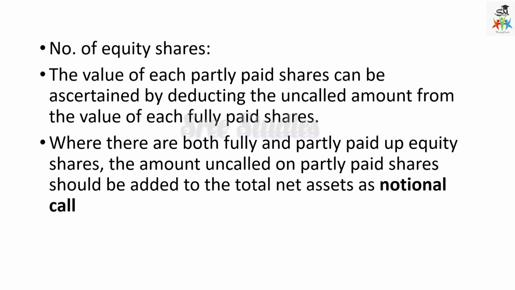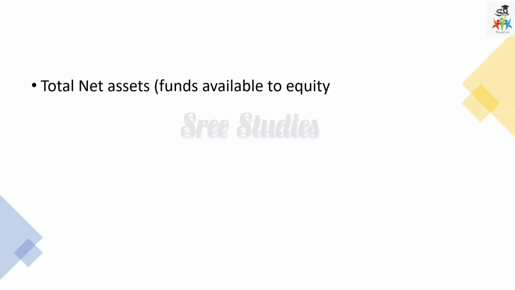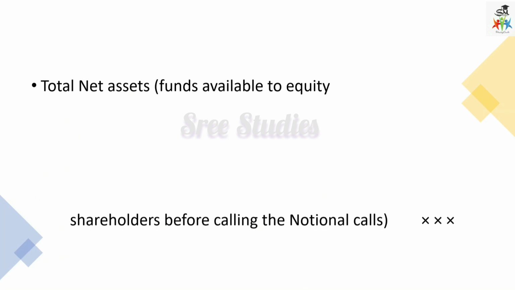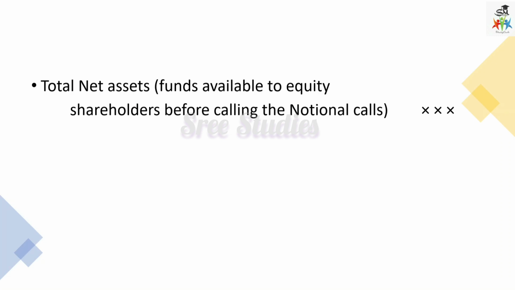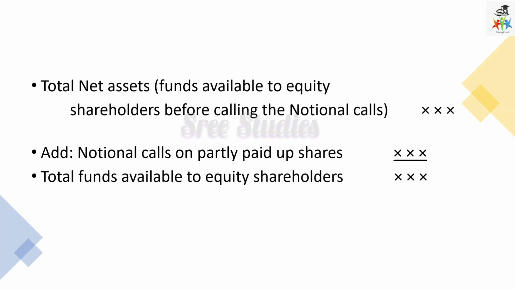For both fully paid up and partly paid up equity shares, the uncalled amount on partly paid up shares is called a notional call, and that should be added back. This total amount is divided by the total number of equity shares, both fully paid up and partly paid up. So take the total net assets, the funds available to equity shareholders before notional calls, then add notional calls on partly paid up shares, and you can find the total funds available to equity shareholders.